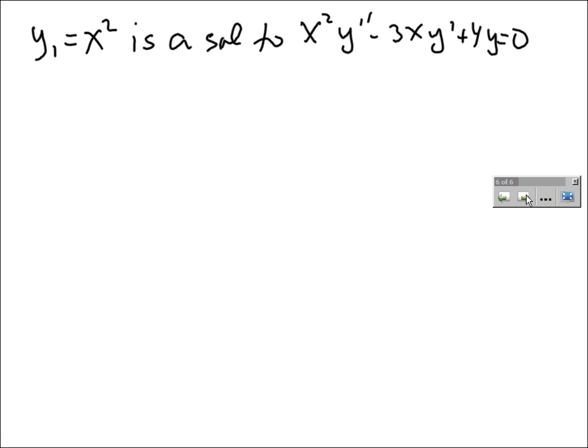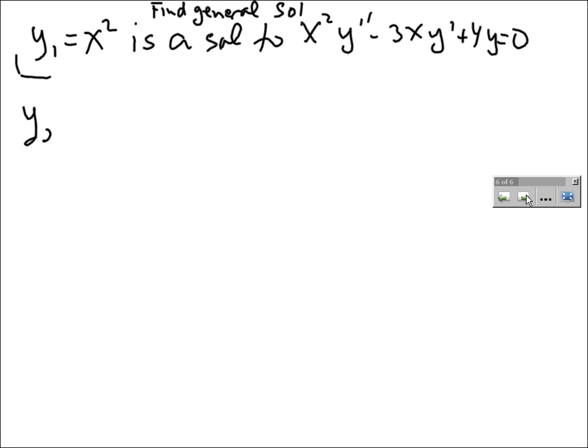And we want to find the general solution of this differential equation. So let's find the second one.